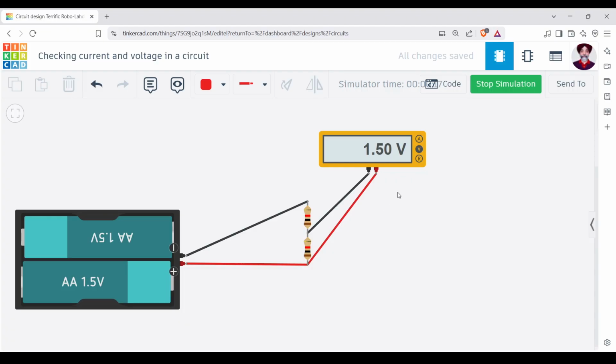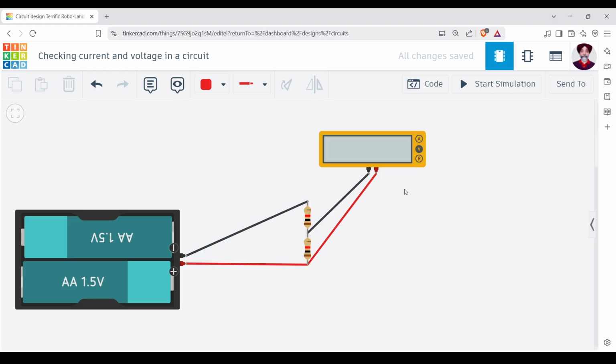So the basic thing to understand here is when we are checking for voltage, we check the voltage across 2 points in a circuit. We do not bring the multimeter into the circuit. You can see that the circuit is separate and the multimeter is separate. You will understand more when I actually check for the current now.